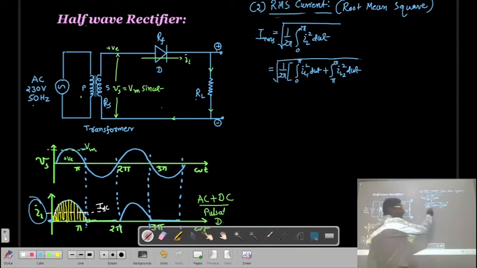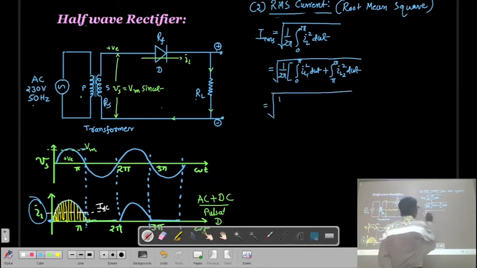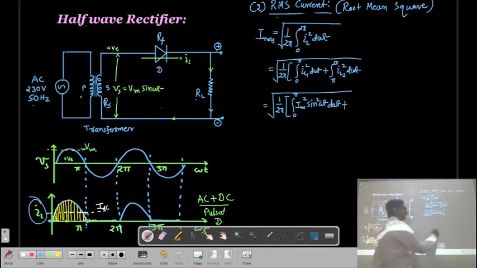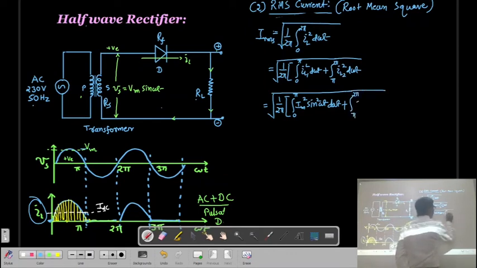Now what is I_L1? That is I_m sin omega t. So here we have 1 upon 2 pi, the integration from 0 to pi of I_m squared sin squared omega t d omega t, plus the integration from pi to 2 pi. But what is the value of the current there?